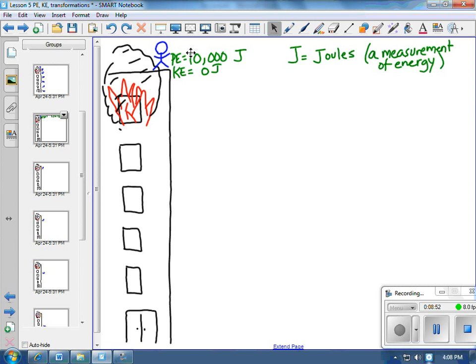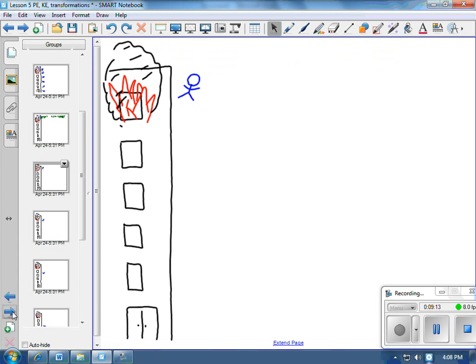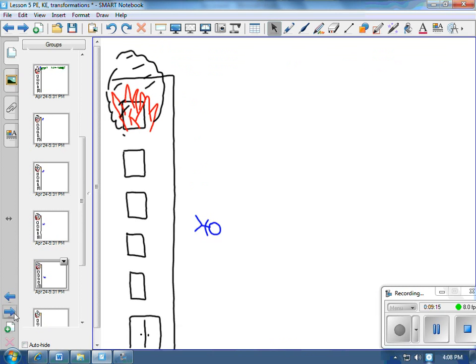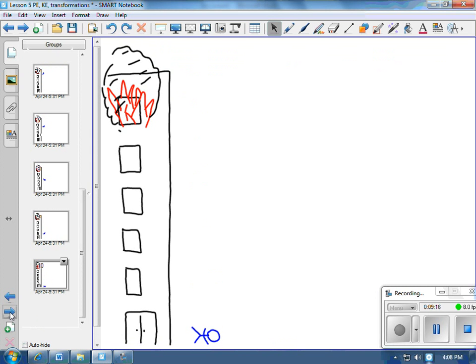Now, I'm going to fast forward through a few frames of this and watch as the little figure falls, and then we'll go back and we'll look at the different energy values. So I want you to think about what's happening to her potential energy and her kinetic energy as she falls down to the ground. Okay, let's watch her again. One more time.